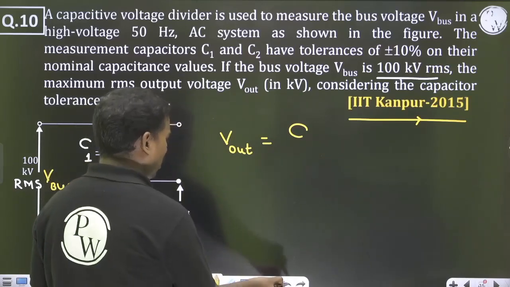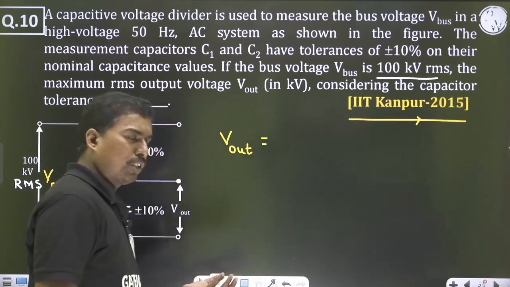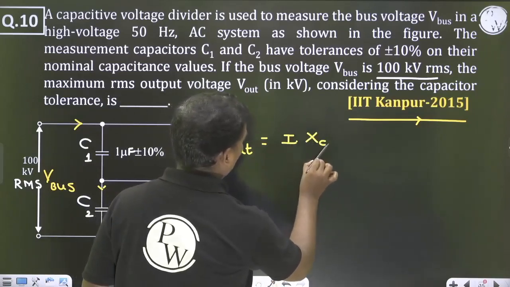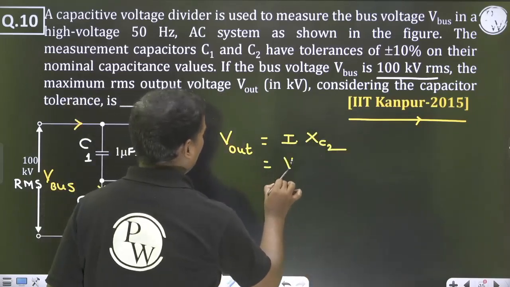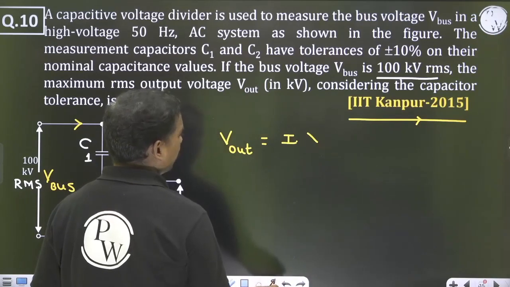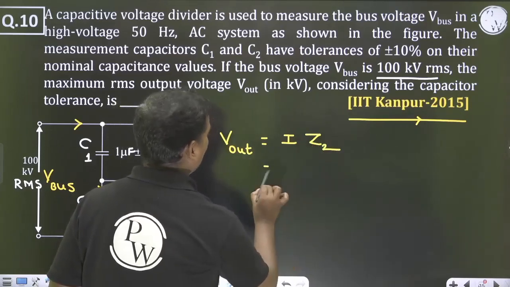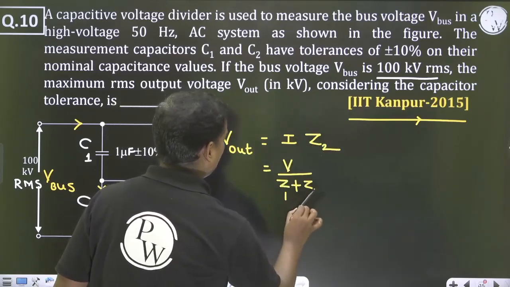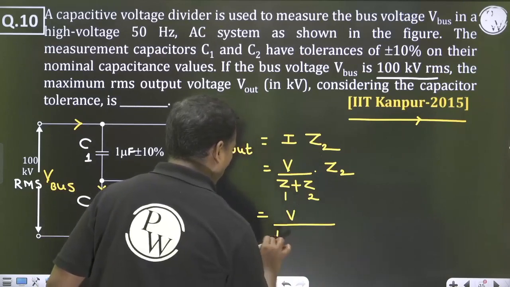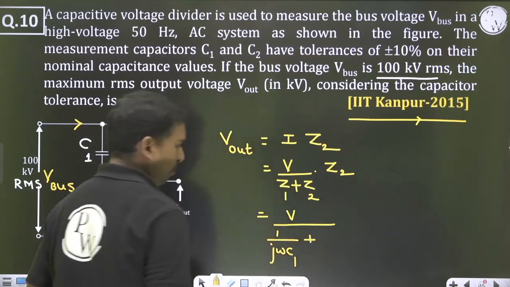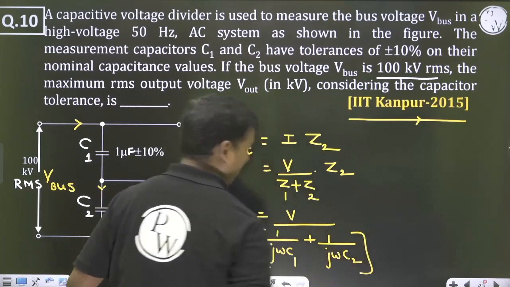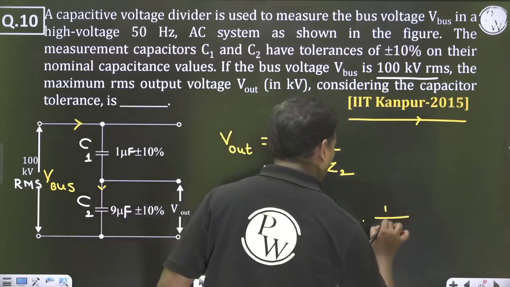If there is any doubt I can go in detail. EC people, EE people, IN people, they know the voltage division rule. The same current is flowing here, so that is the current passing through XC2. What is the current? That is V supply, V bus, divided by Z1 plus Z2, and V out is I into Z2. So Z1 is 1 by j omega C1 and Z2 is 1 by j omega C2.